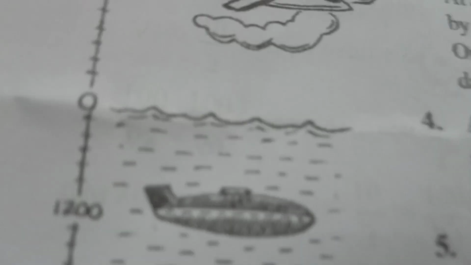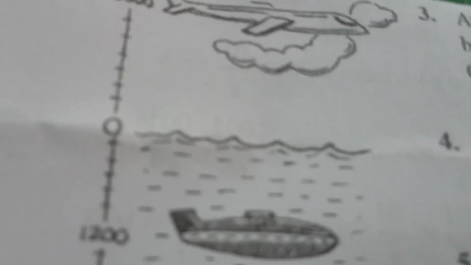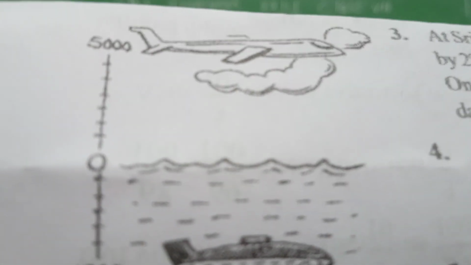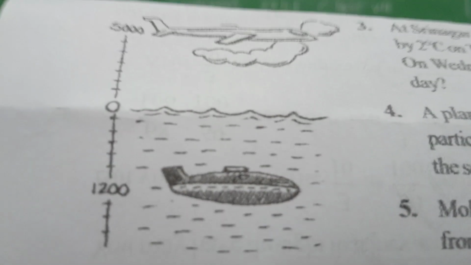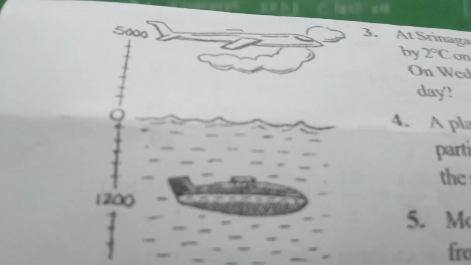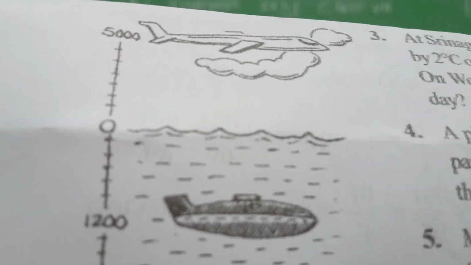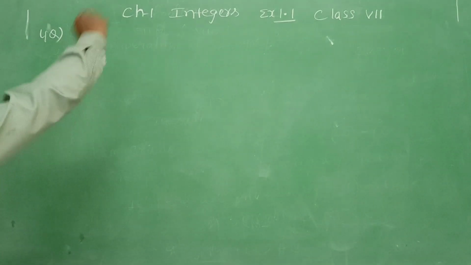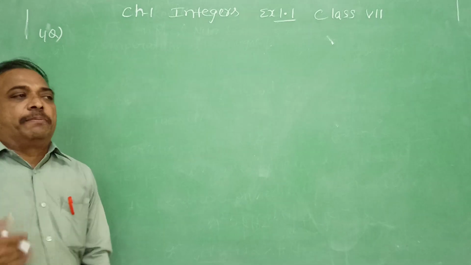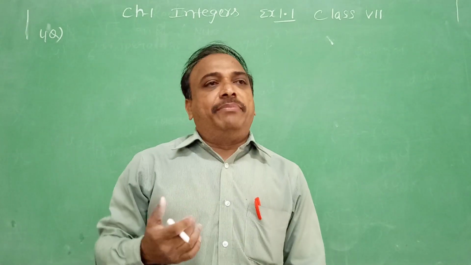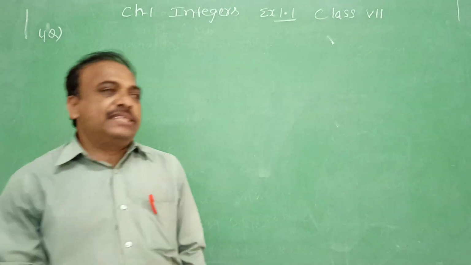So a flight is flying at a height of 5000 meters above the sea level, and at a particular point the submarine is exactly 1200 meters below the sea level. What is the vertical distance? Above the sea level we indicate with a plus sign, and below the sea level we indicate with a minus sign.